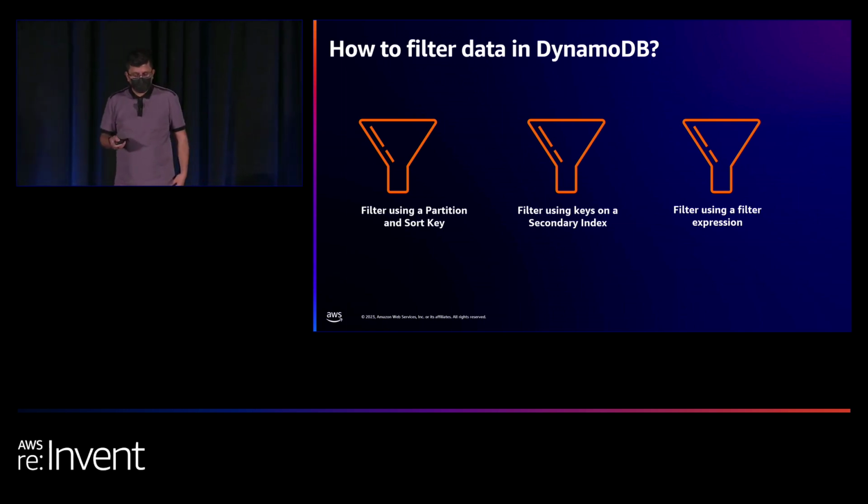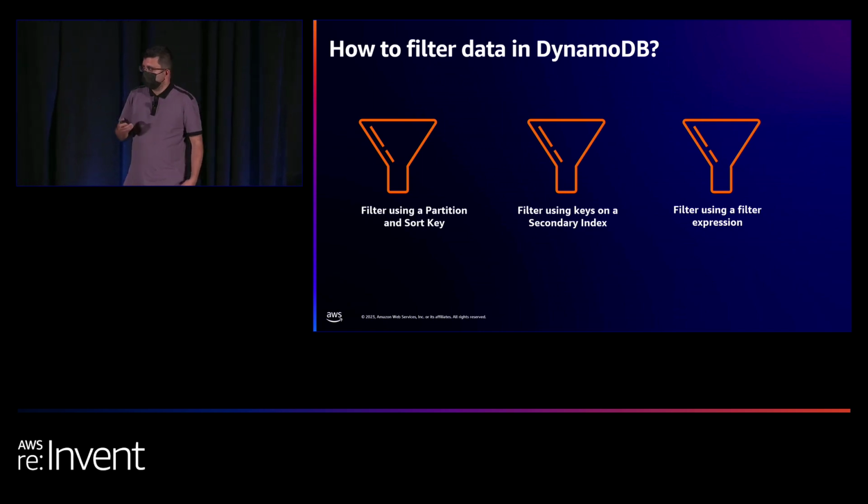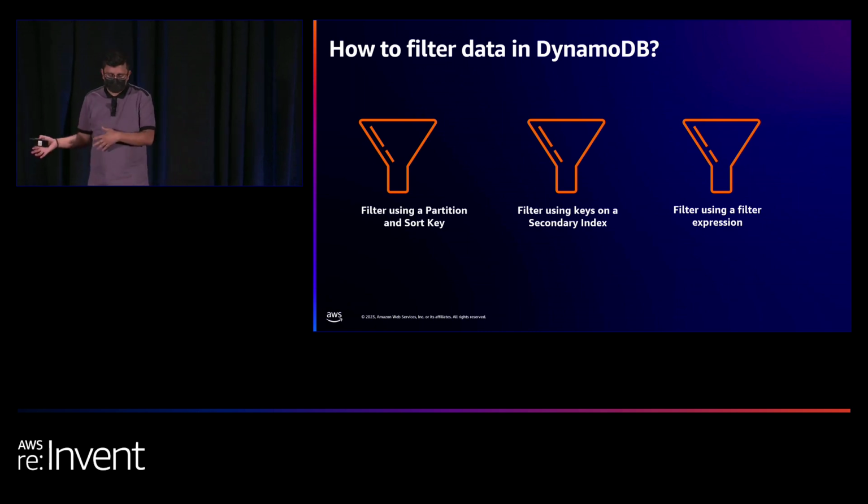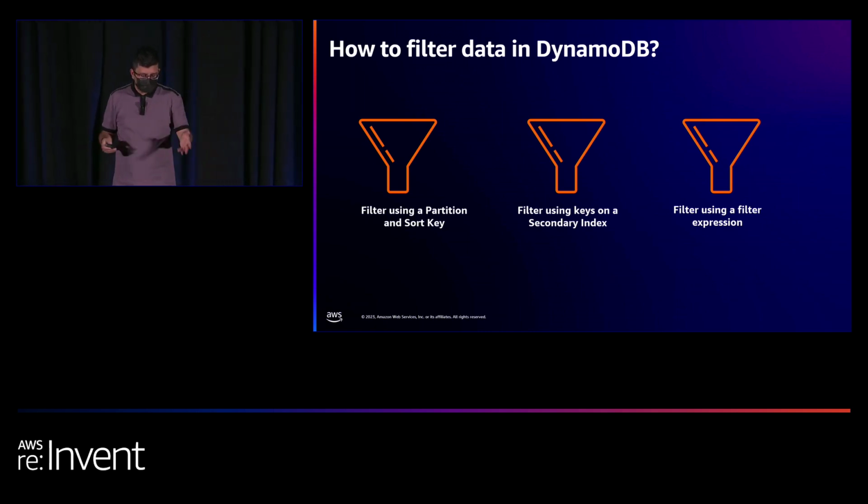Second one is using secondary indexes, and this is about local secondary indexes and global secondary indexes. I'll take a few examples in the section about the global secondary indexes and a few techniques behind them.